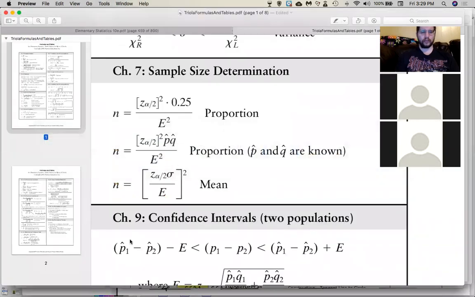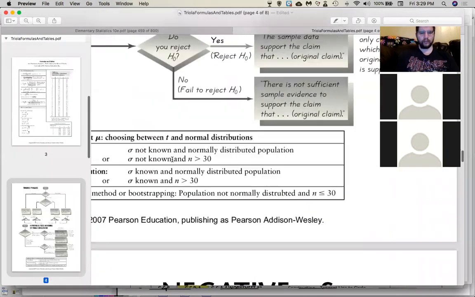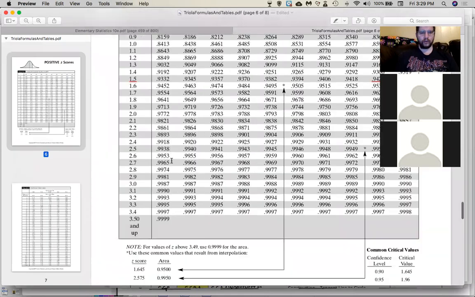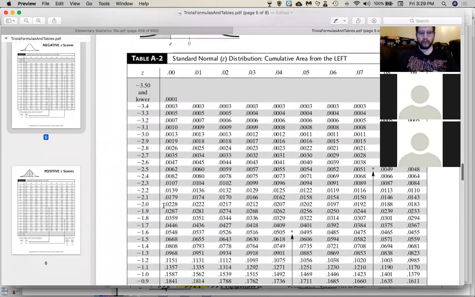If you're using the chart, look on the chart for 0.025, and right here it is. You may or may not get an exact value, just use whatever it's closest to, 1.96 right here.